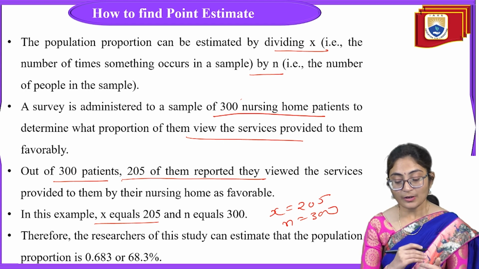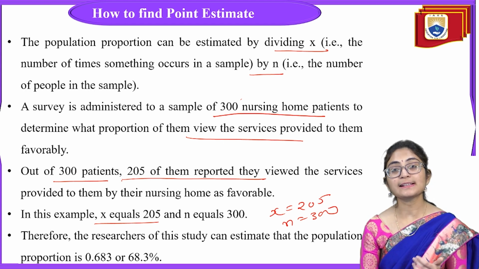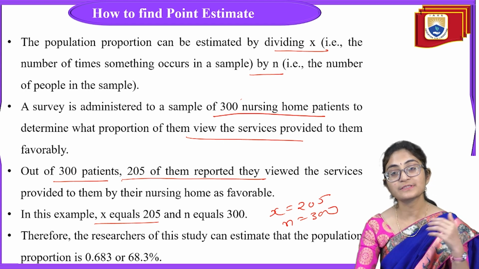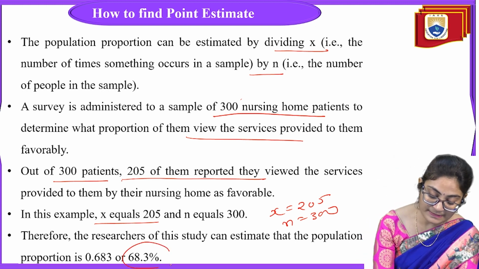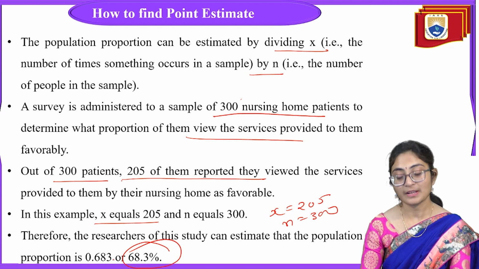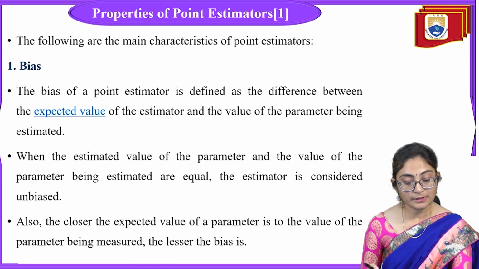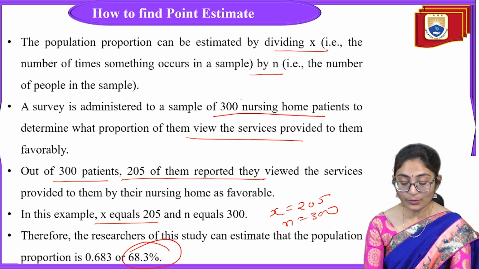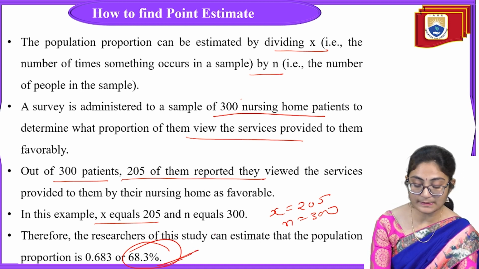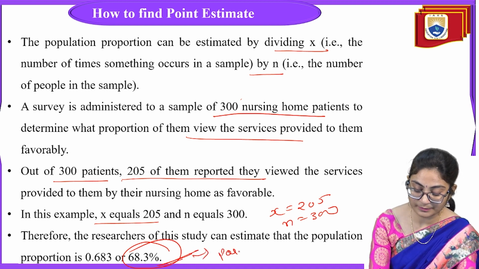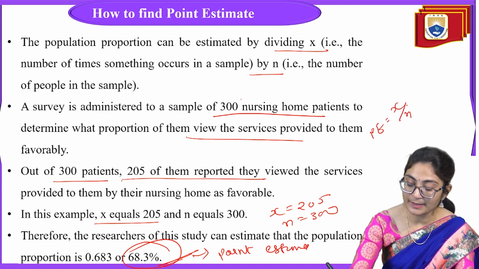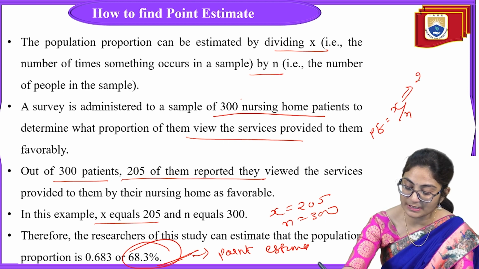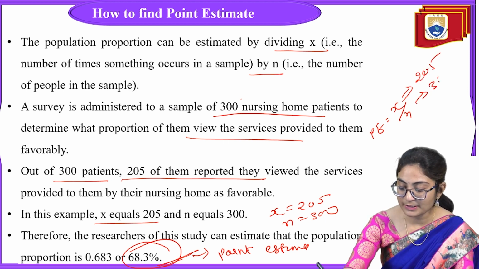When we calculate this, the researchers estimated the population proportion as 68.3%. So this 68.3% is your point estimate. The point estimate formula is x by n, where x was 205 and n was 300.